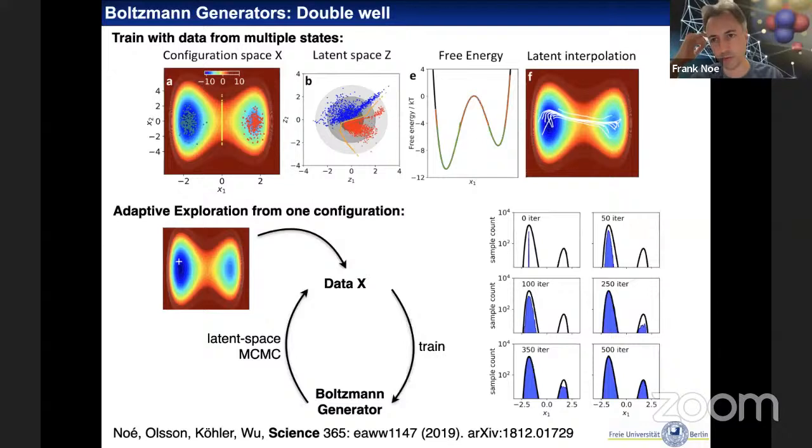So we can always compute the probability of doing anything in the latent space if we did it in real space. Basically, you always just get an additional Jacobian factor to everything that you're doing, and then you get new points, and you retrain the Boltzmann generator, and with that you can actually explore.